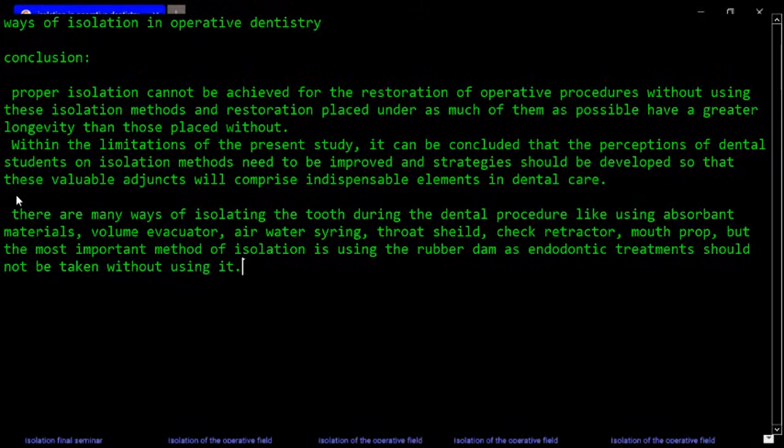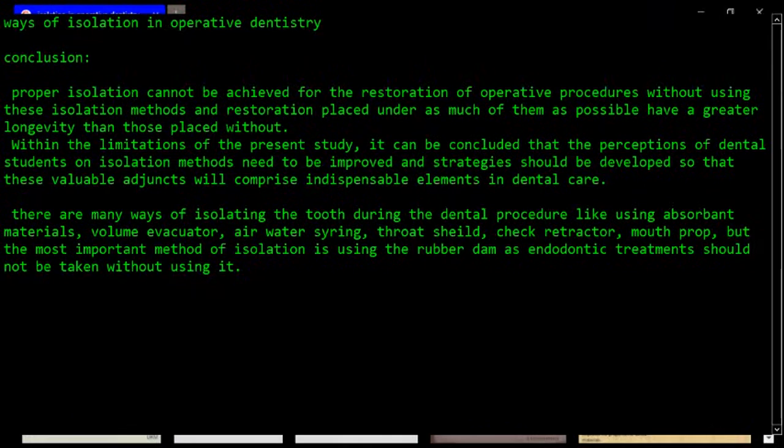Let's see the best pictures to be used in this research, but probably nobody will. Probably I will not add these pictures because this is not my subject. My subject is only conclusion, and these are isolation forms: moisture, dental methods, rubber dam, cotton rolls, absolute wafers, suction devices, drugs, indirect methods, goals of isolation, moisture control.